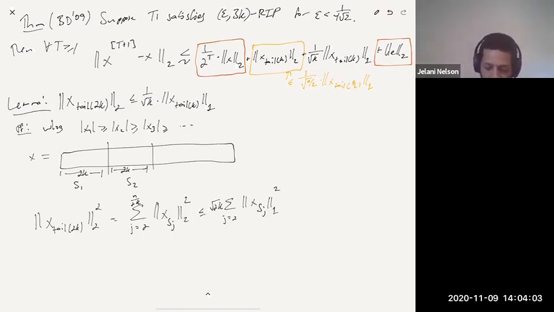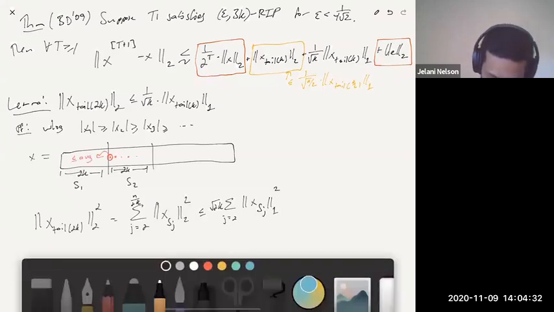And then now what I can do is compare each element. So what am I doing? I'm summing up the absolute values squared of this thing plus this thing plus this thing plus this thing. Each one of these things is at most the average in the previous block. That's shelling, right?